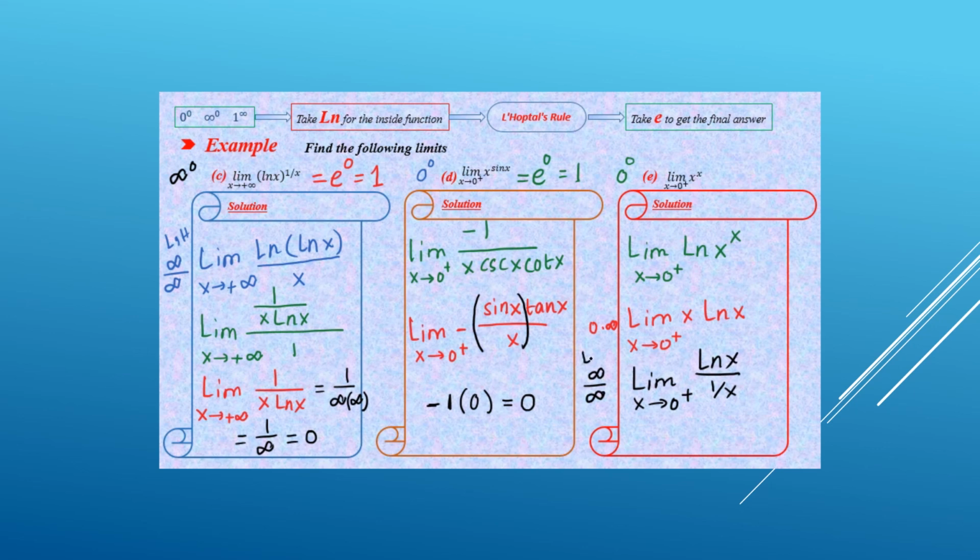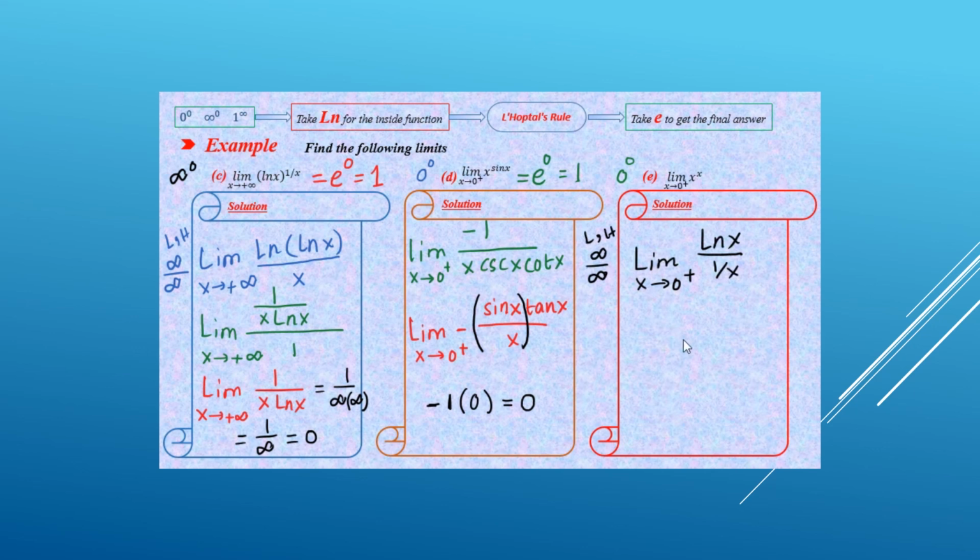So we can use L'Hospital's rule directly. The limit of f prime over g prime. The derivative on top is 1 over x, and the derivative on the bottom is negative 1 over x squared, when x goes to 0 from the right.